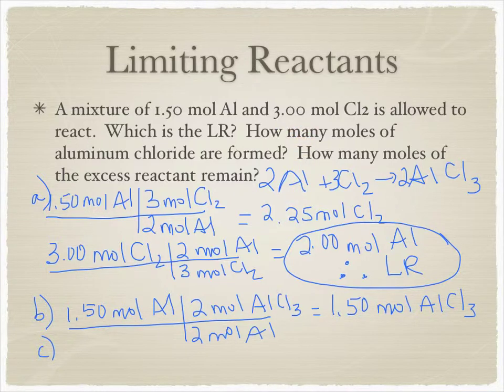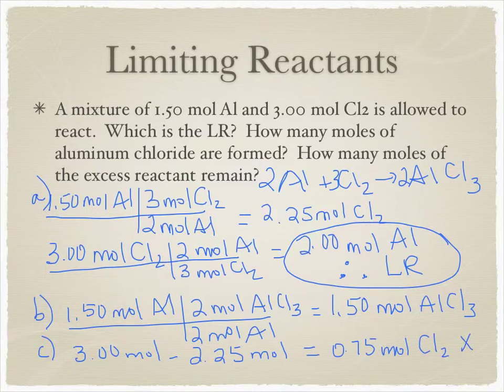So that would mean that in order to figure out the excess, we would take the 3 moles that we have minus the 2.25 moles that were required, and that would give us 0.75 moles chlorine in excess. Good job.